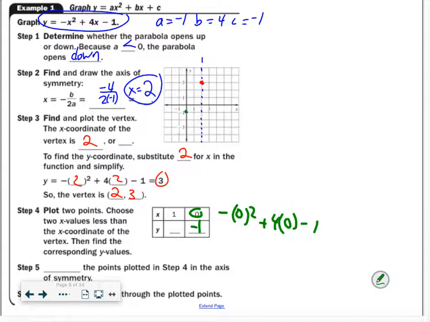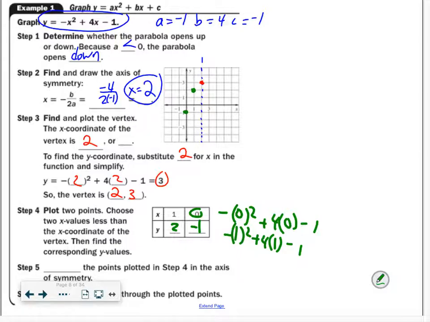So that's the point 0, -1. Now because I need a point on each side, you could also pick +1. If I put +1 in there, I get -1 plus 4, which is 3, minus 1, which is 2. So the point 1, 2 is another point.